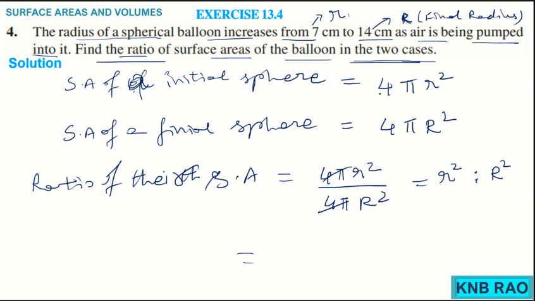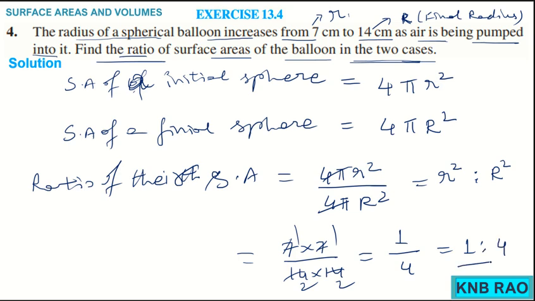Now small r is 7. So 7 into 7 by capital R is 14 into 14. Now this cancellation, 7 ones are 7, 7 twos are 14, 1 into 1 is 1, by 2 into 2 is 4. So it is going to give you 1:4 without much calculations.